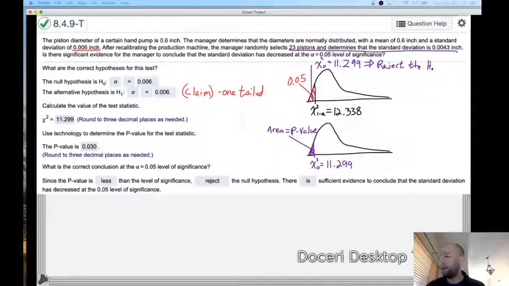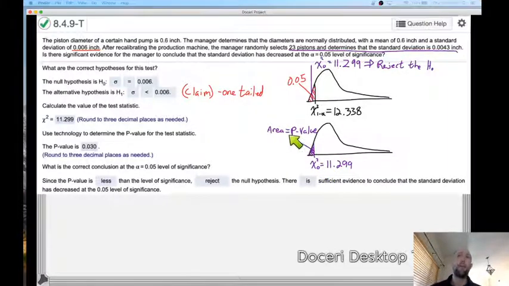On the chi-square distribution, the same as above, we look at our test statistic, that 11.299, and this being a left-tailed test, we want the area to the left of this test statistic. The area here is equal to the p-value of this problem. The p-value represents the probability of obtaining a test statistic at least as extreme as this one.